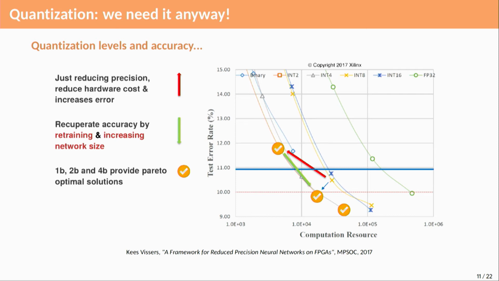And people at Xilinx have been doing some research on that, and they have shown that in terms of computation resource versus accuracy, you could live with something that varies between 1, so binary, and 4 bits to store weights and activations.